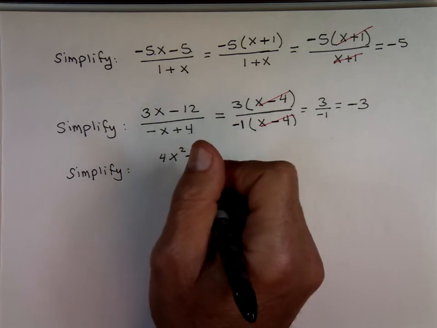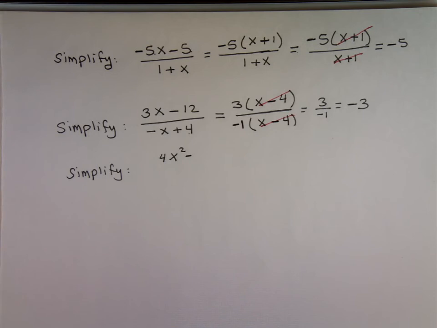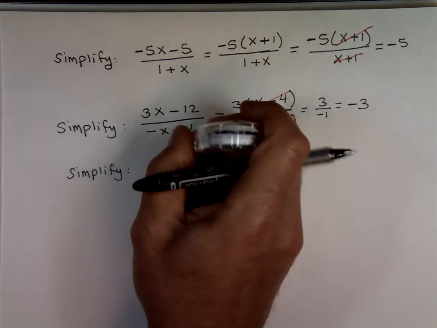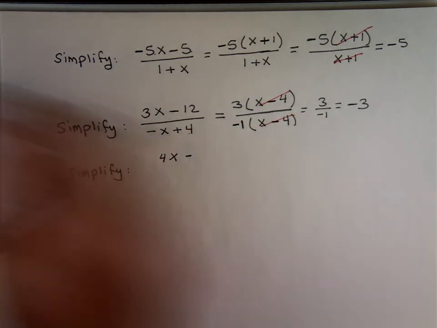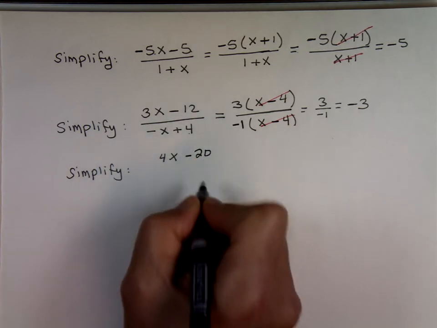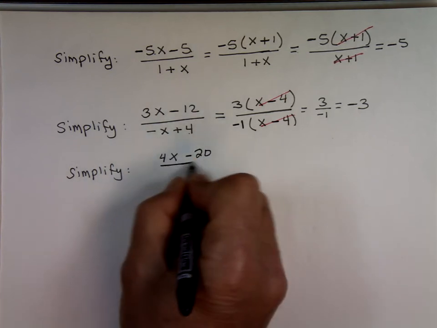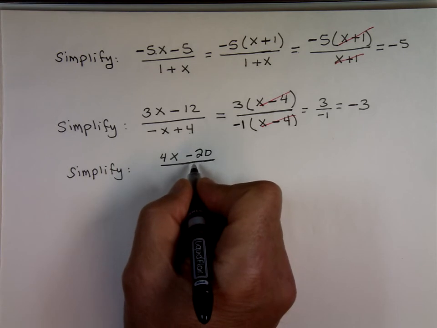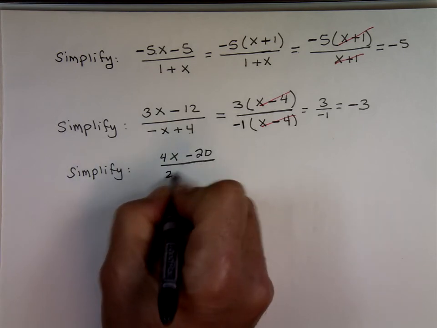Let me make this 4x minus 20 over 25 minus x squared.